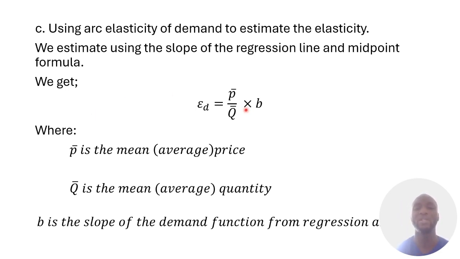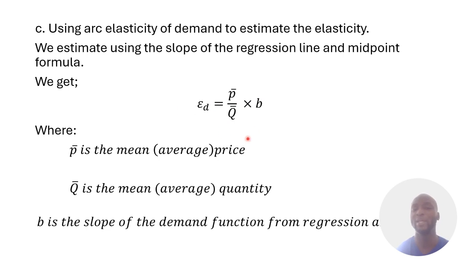But one thing that is very integral here is that when we are doing regression analysis, I will just keep it simple by saying that this B, the slope, is used to calculate our elasticity of demand, because we can find the changes in price divided by the changes in quantity demanded. It is already represented by the slope.